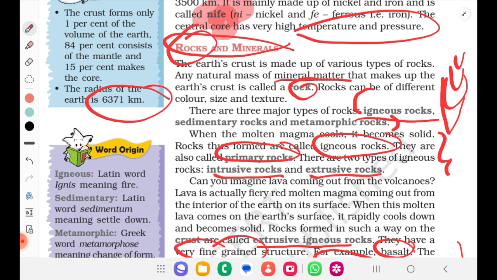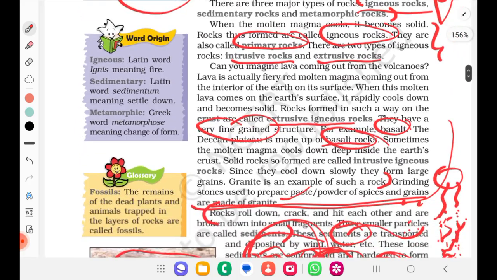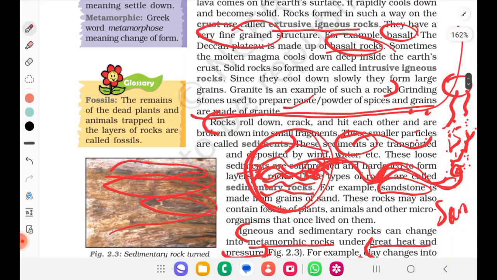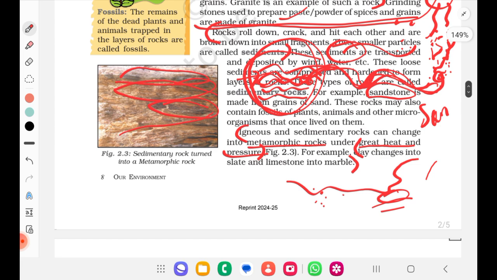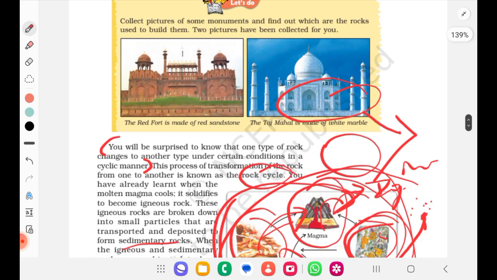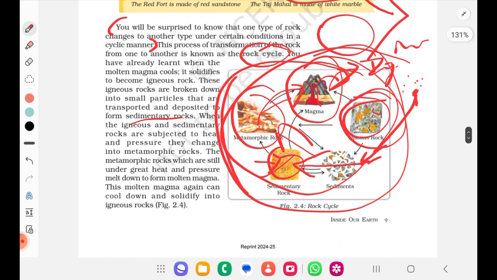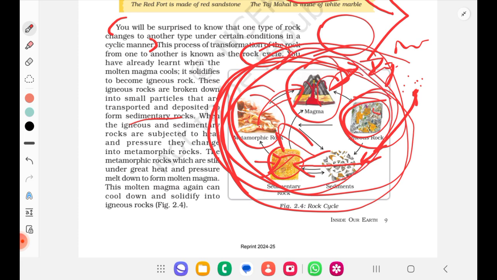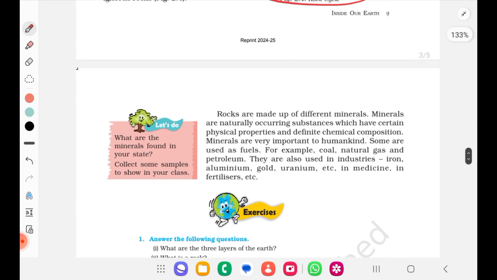If igneous and sedimentary rocks are under high pressure and temperature, they become metamorphic rock. We know marble is a metamorphic rock from limestone. Clay becomes slate, and slate is a metamorphic rock. These are some of the key points we have learned today, and we also learned there is a rock cycle, because there is conversion from one form to another in rocks also. That is all for today.